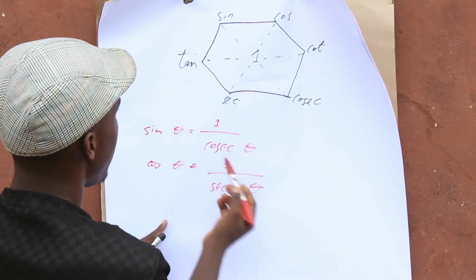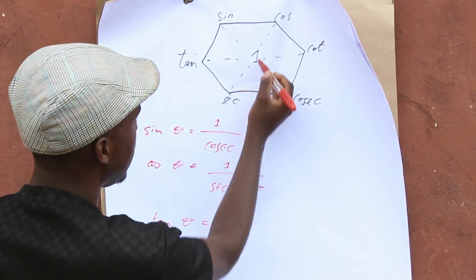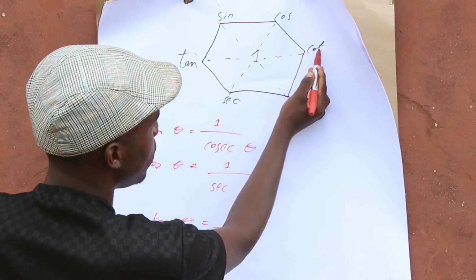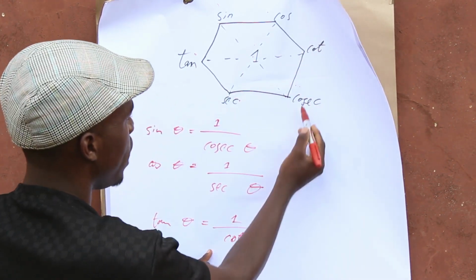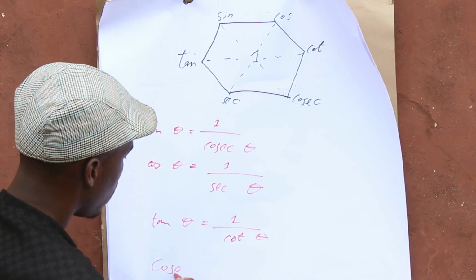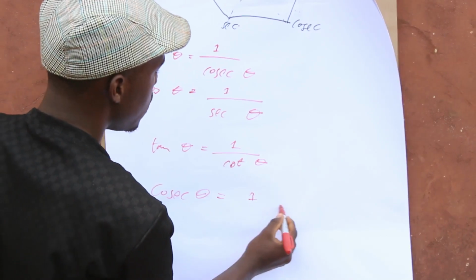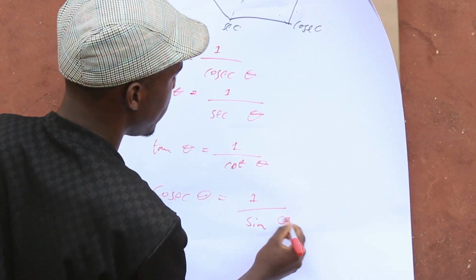Then you can also derive for tan theta. Tan theta is equal to 1 divided by cot theta, because tan is opposite to cotangent. You can also derive for cosec theta: cosec theta is equal to 1 divided by sine theta.